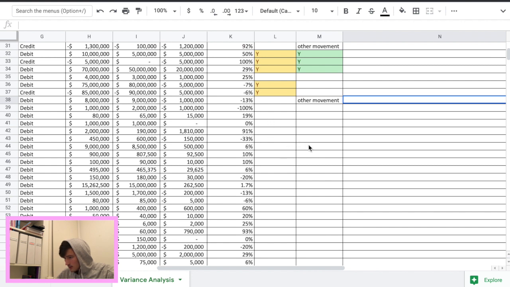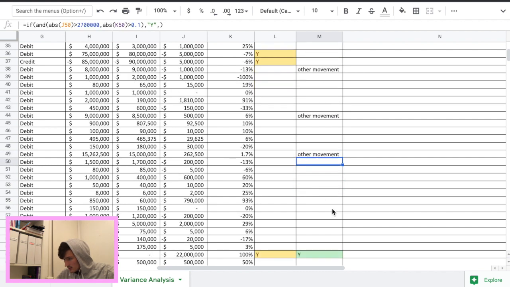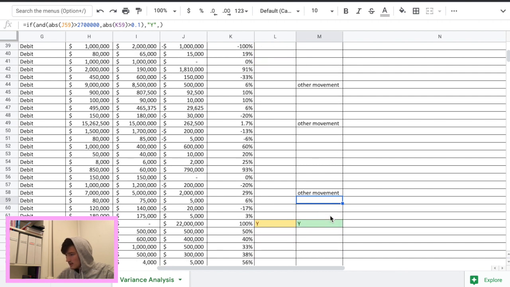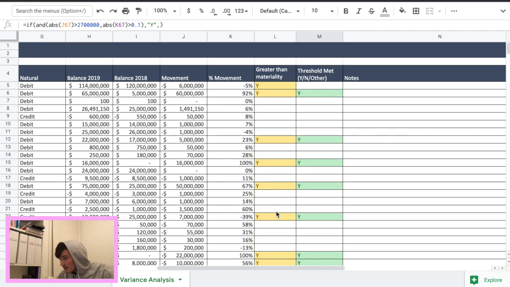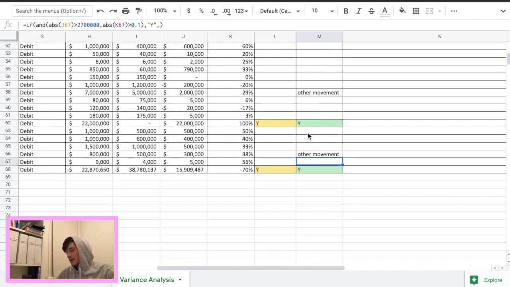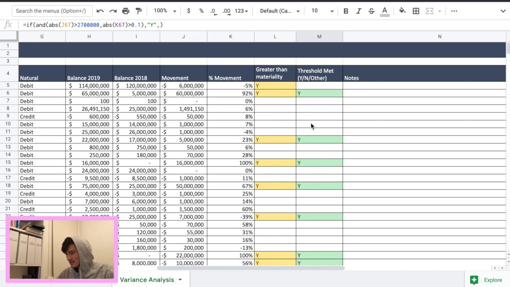And yep, other movement. 1.7, I believe, other movement. I think there's one or two more other movement, and check the very bottom. Yeah, 38%, something like interest. So basically they match up with the other thresholds, right? It will be explained in a little more detail with the next item.